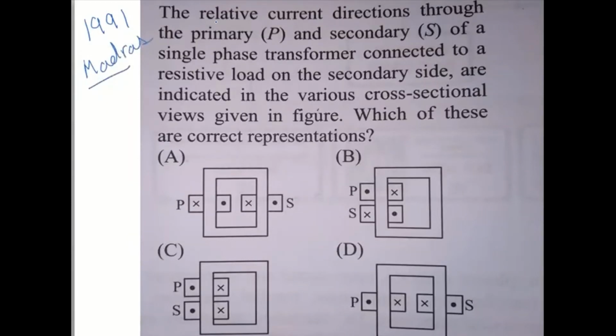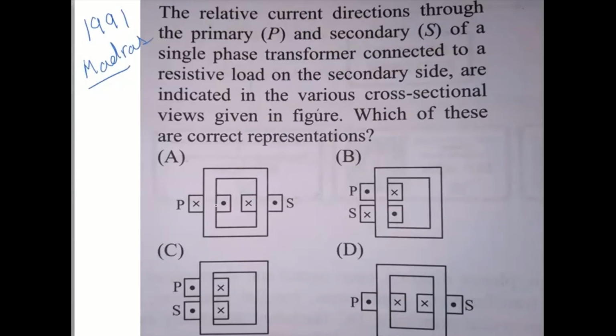The question states the relative current directions of the primary and secondary of a single phase transformer. You are given four figures of single phase transformers in which a resistive load is connected on the secondary side.